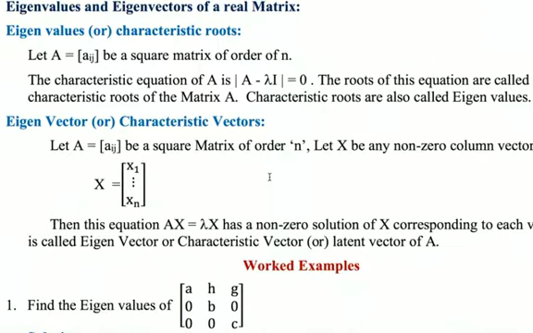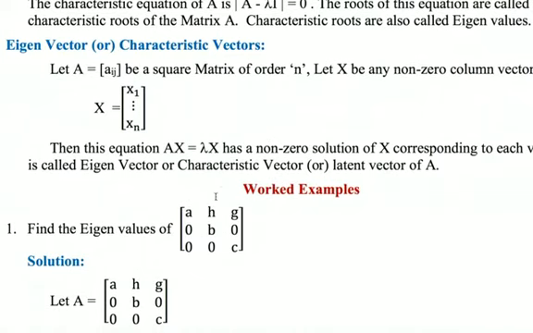That non-zero solution of x is called an eigenvector, characteristic vector or latent vector of A. So if you find any vector x which satisfies the equation Ax equal to lambda x, then that vector is called an eigenvector, for a particular characteristic root or eigenvalue.